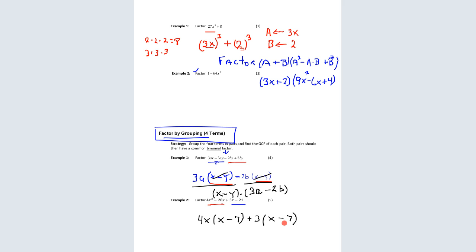Now, if they don't match, you either made a mistake or maybe it's not going to factor using the grouping method here. Okay, you might have to reevaluate and do something. But if they match, you know you're on the right track, and that's going to be one of your possible answers, one of your binomial factors. So there's my factors now.